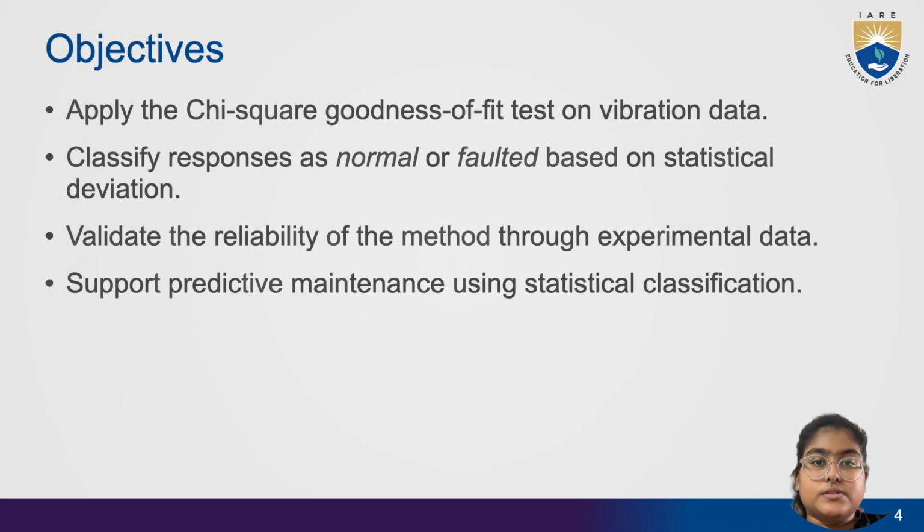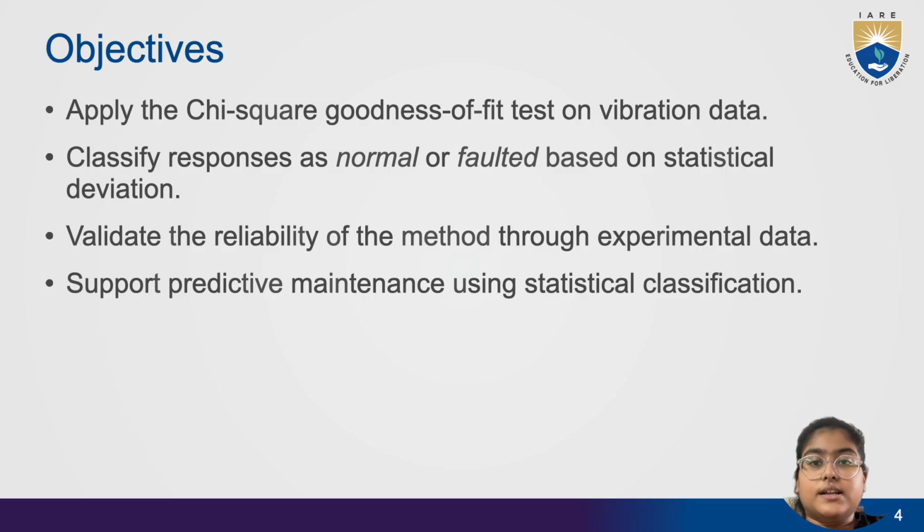The objectives of this project are quite straightforward. First, to apply the chi square test on real vibration data collected from a rotating shaft. Second, to classify the data as normal or faulted based on whether the observed frequency distribution fits the expected one.